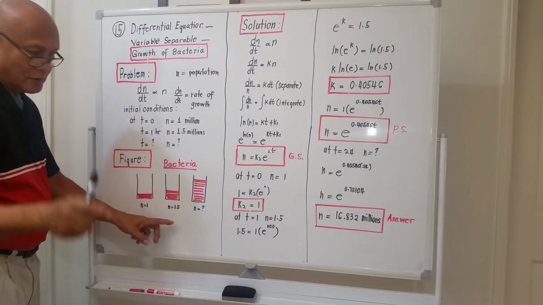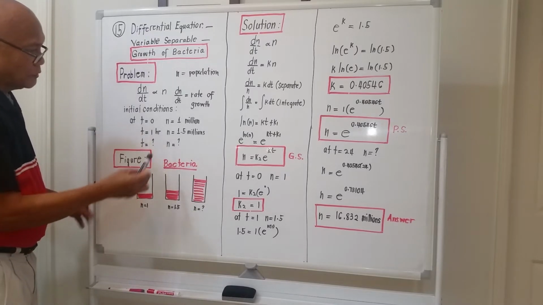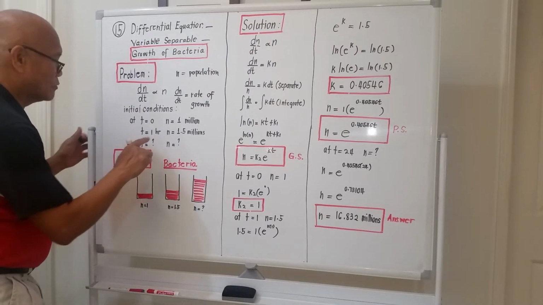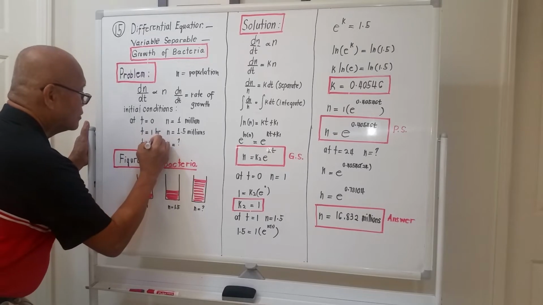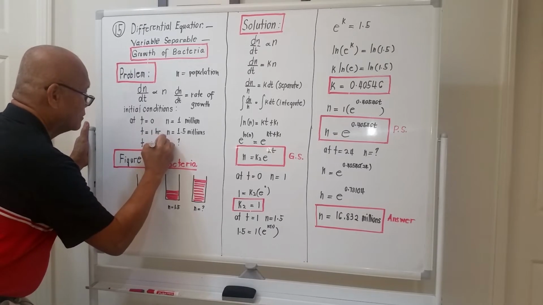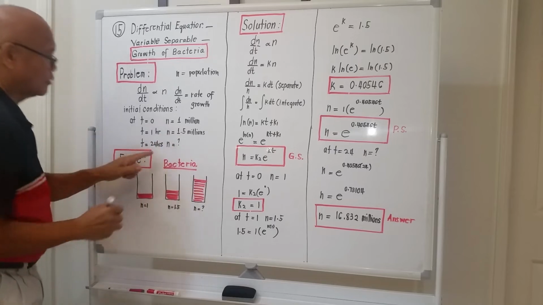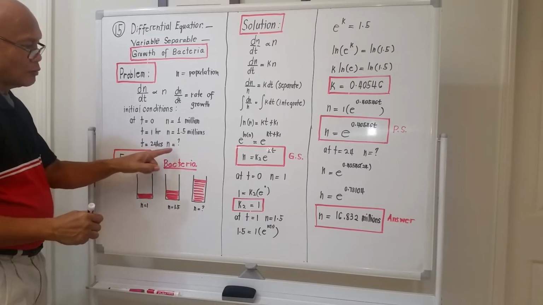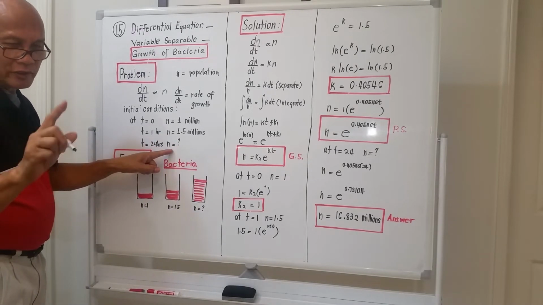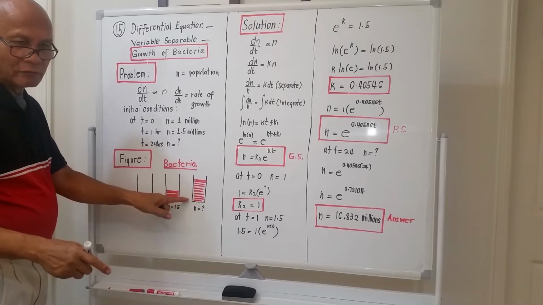So the problem is asking, after time t equal to, sorry for this one, this should be 24 hours. After 24 hours, what will be the population or the number of bacteria inside the container?